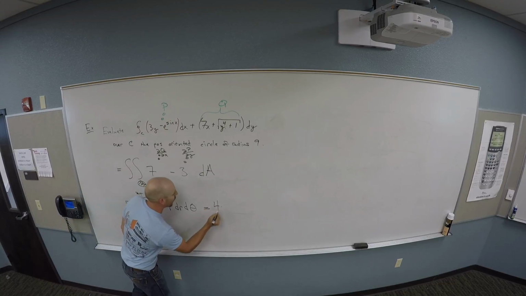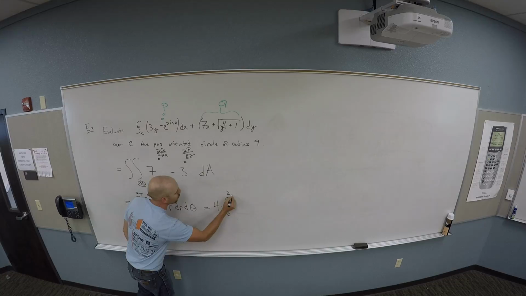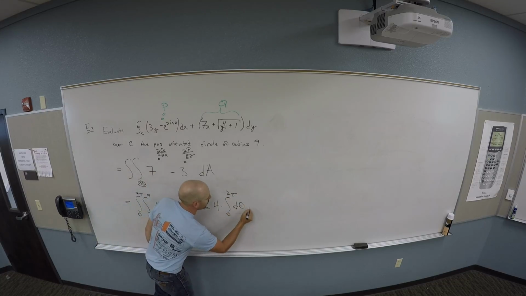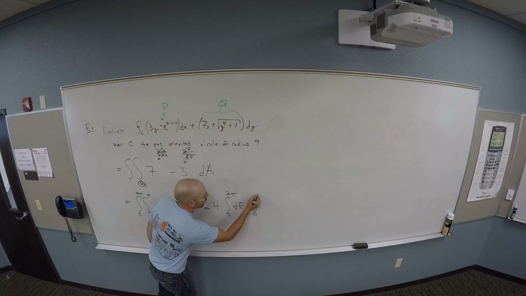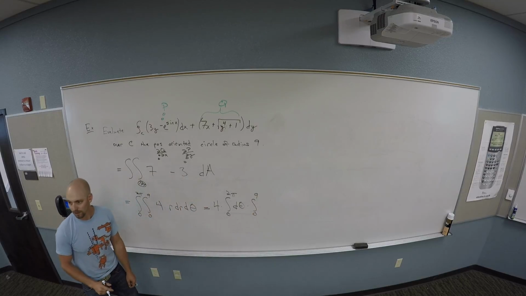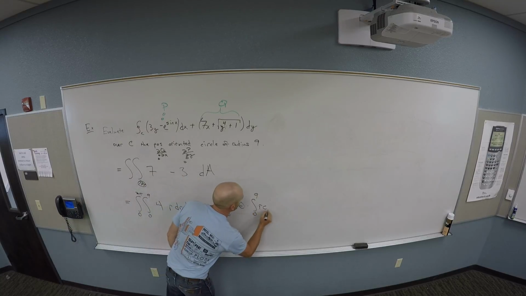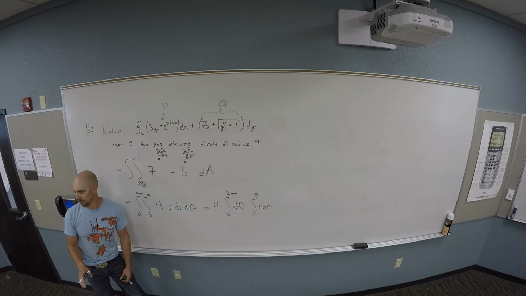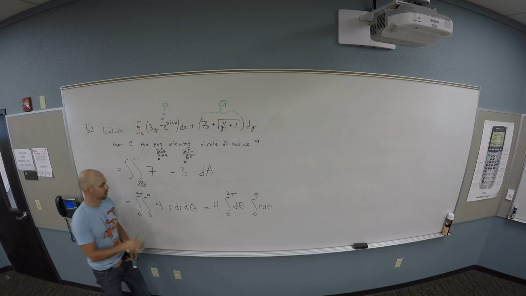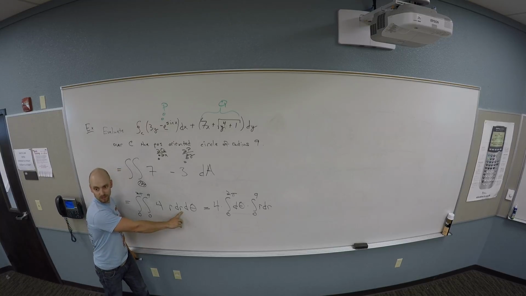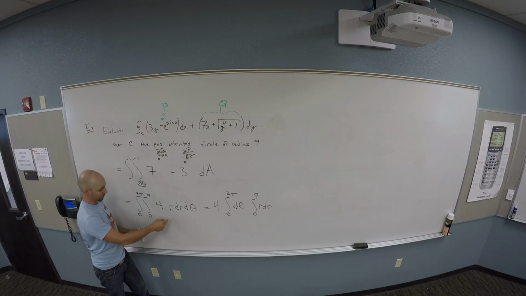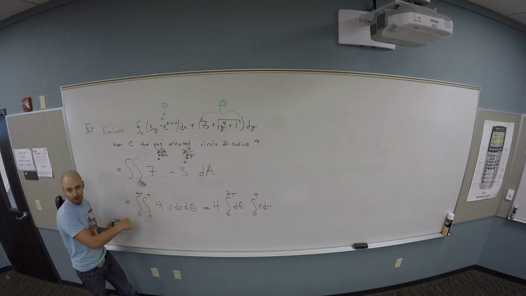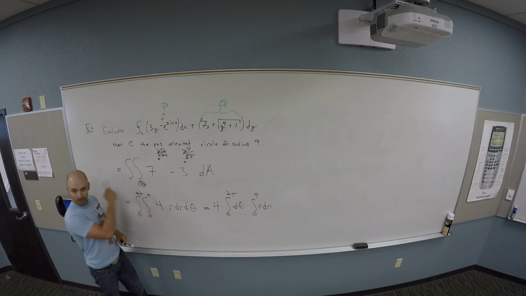I'm going to take a 4 out times the integral from 0 to 2 pi of d theta, multiplied by the integral from 0 to 9 of r dr. Did that split make sense? There are no thetas in here, so this stuff is all constant with respect to theta, and I can take it out. And the 4 I can take out of that.